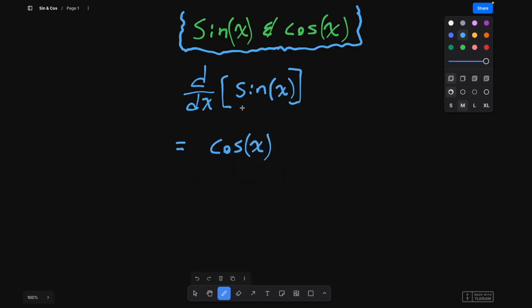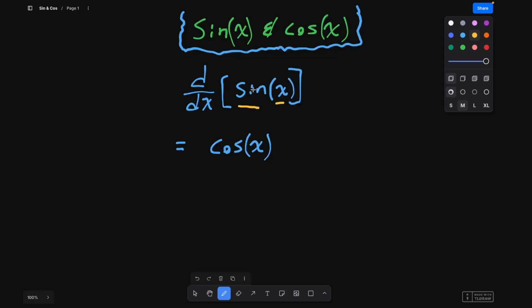If we want to take the derivative of sine x, we know that it equals cosine x. But with trig functions, we have a function inside of a function. We have our x, and then we have sine of x, which is a function in and of itself. And the chain rule taught us when we have a function inside of a function, we take derivatives of them both.